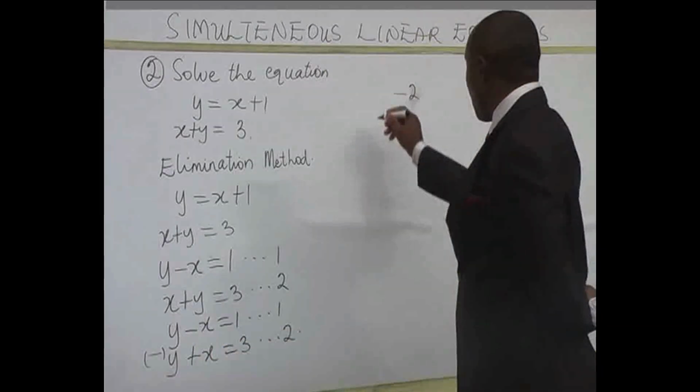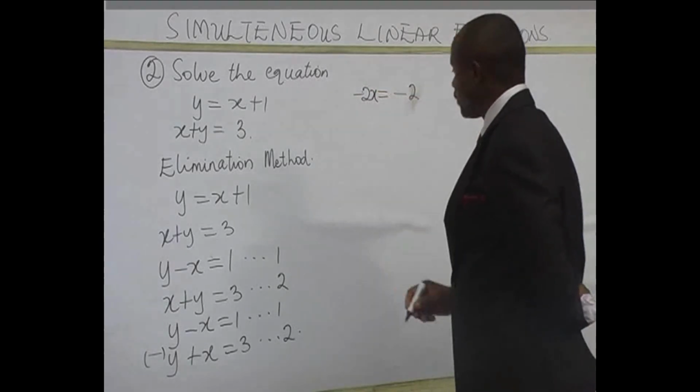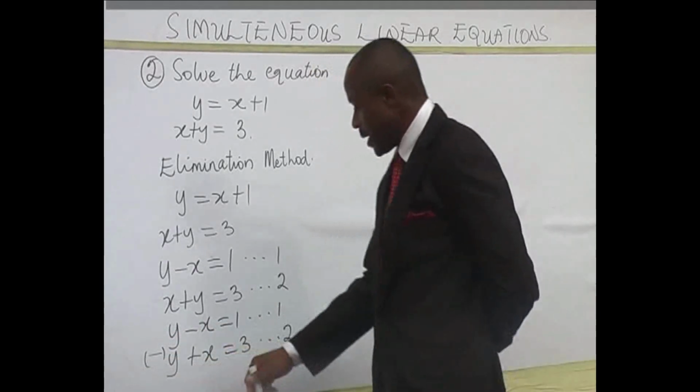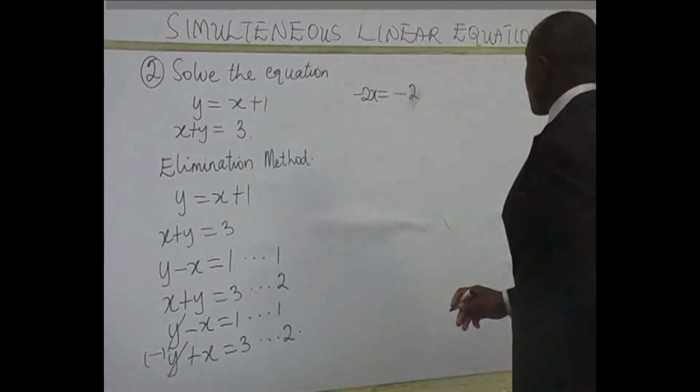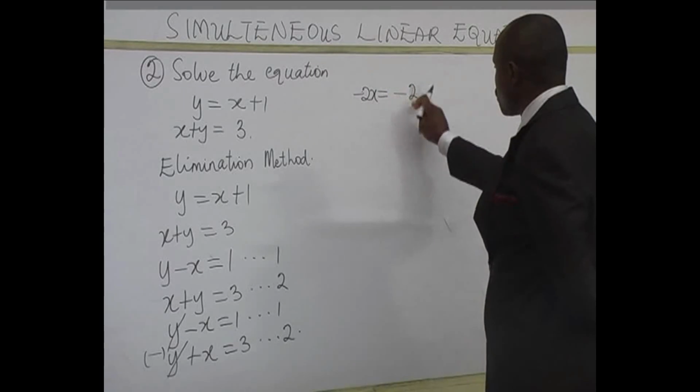It will give you minus 2x. Then y minus y, we cancel y. So our equation now becomes minus 2x is equal to minus 2.